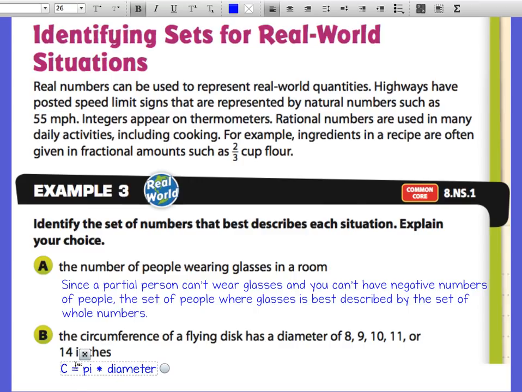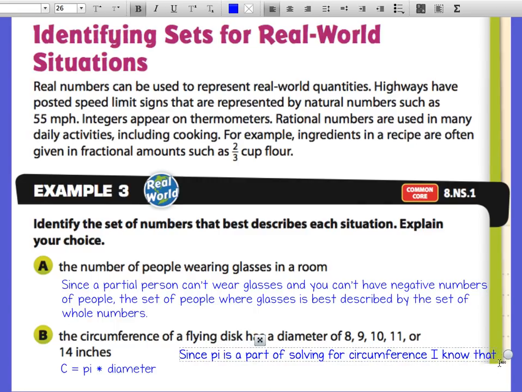Since I know that pi is an irrational number, I know that anything that I multiply it by is going to be irrational. So since pi is a part of solving for circumference, I know that any answer that I get will be irrational.